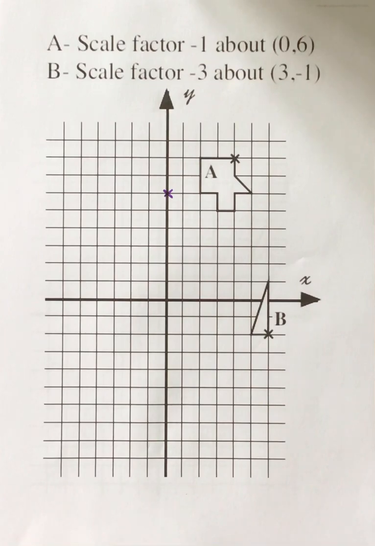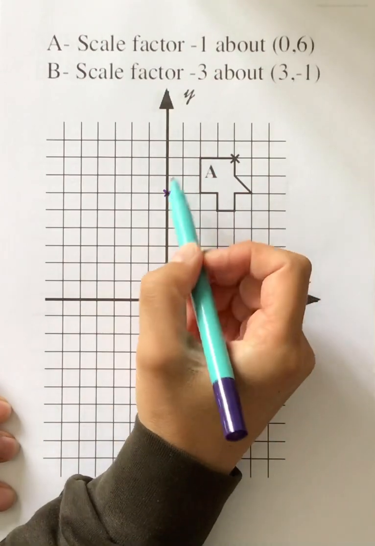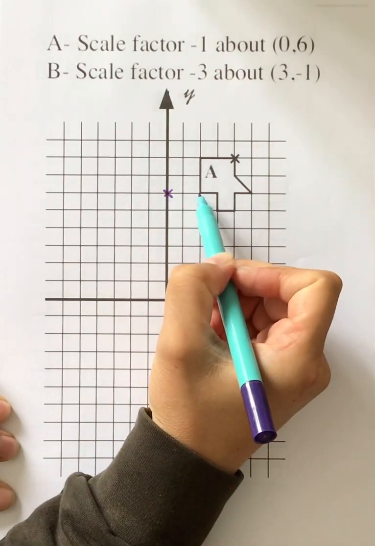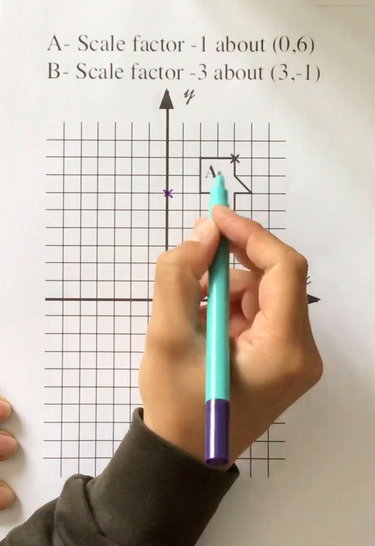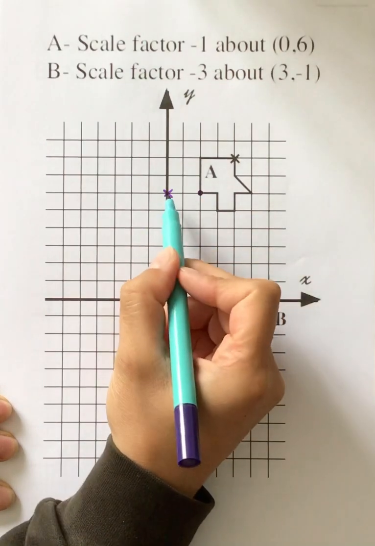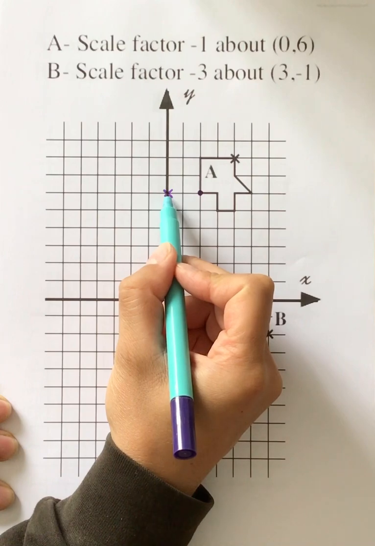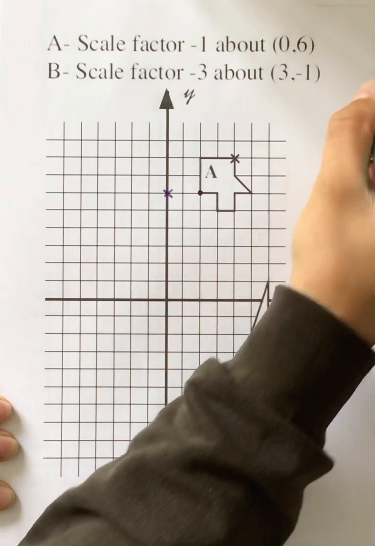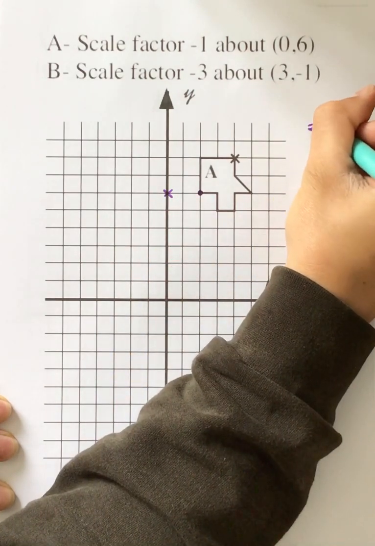Now when we did this for a positive scale factor, we started by counting how many squares our centre of enlargement was from a corner of the shape. So if I choose this corner here, I need to go 2 steps to the right to get to that corner.